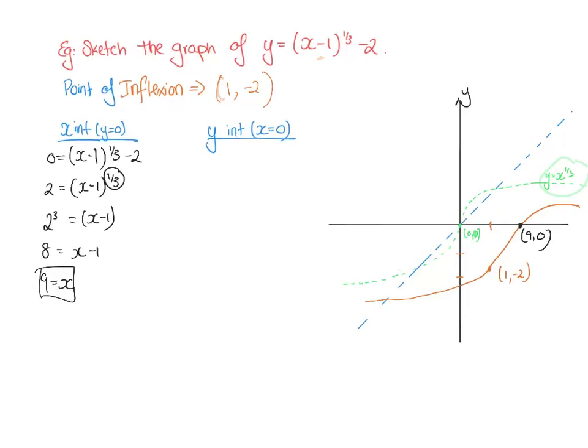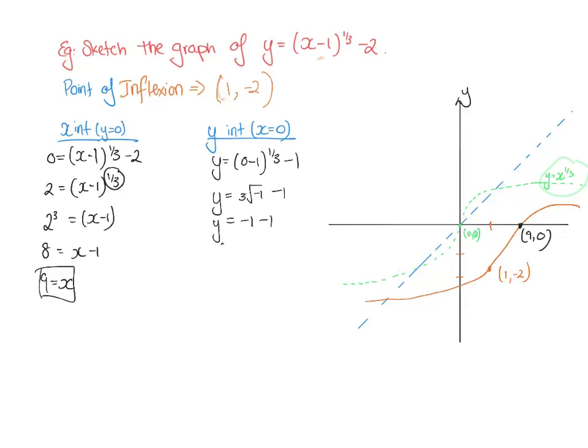And now the Y intercept is when X equals 0, so 0 minus 1 to the power of a third minus 2. So Y equals, now to the power of a third is the same as saying the cubic root of minus 1. So the cubic root of minus 1 is actually minus 1.